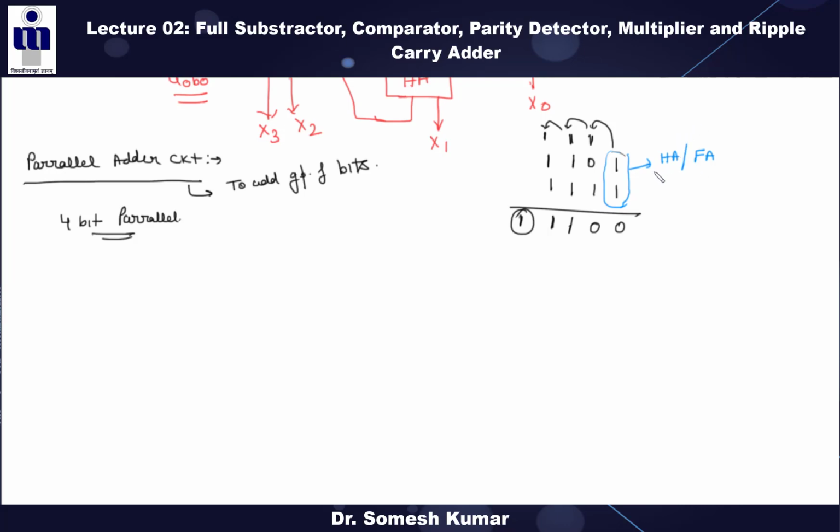Here a half adder can be used, but what about this second position? Here only the full adder can be used, right? What about the next position? Again full adder. And what about the next? Again full adder, right?